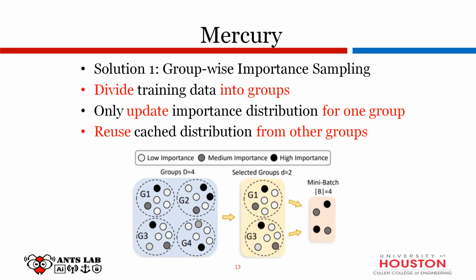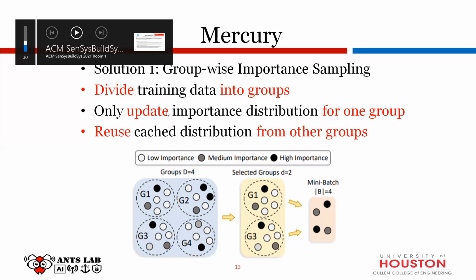So we don't need to compute the entire group. We only need to update one at a time. Every time we do the process, we update one group, and we can use the information we already know from the previously updated examples.